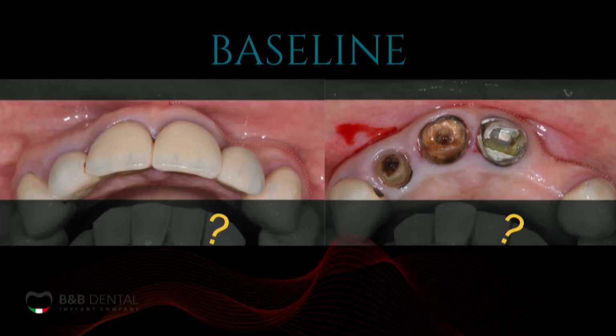How can we change the architecture of both the bone and the soft tissues at the same time, like in this situation?